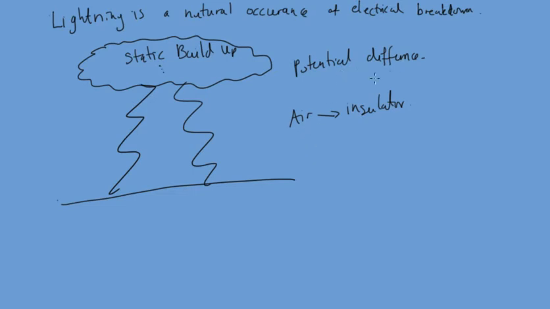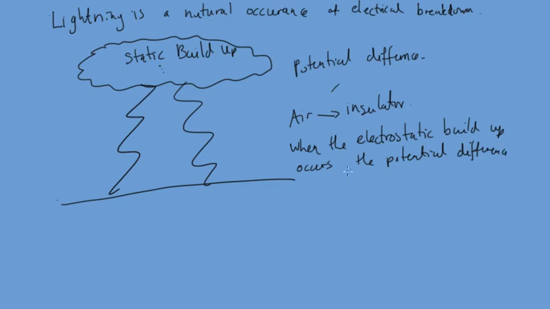When the electrostatic build-up occurs, the potential difference becomes so great it can cause the electrons in the air to break free.